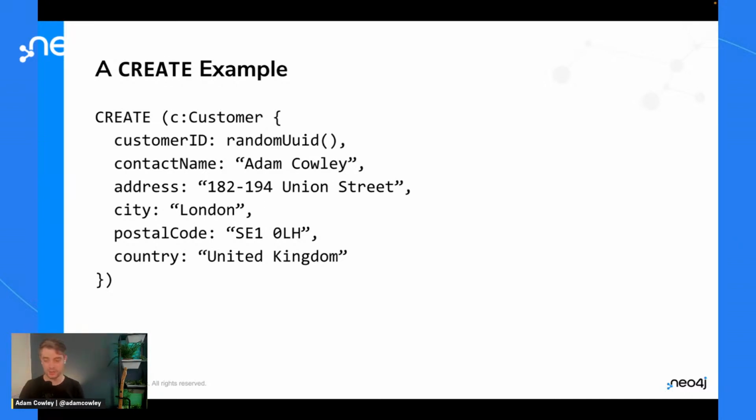It's a node, and we want to give it a label of customer. Then we can define properties as key value pairs using a JSON style syntax. So we're assigning a customer ID, which is a random UUID, and then we've got the name, the address, and the country.